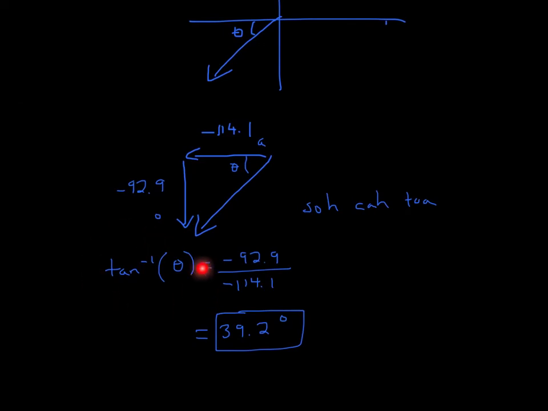It'll be inverse of tangent because we're finding an angle, and then that will be opposite 92.9 over 114.1, and then you divide those and then plug it in the inverse of tangent in your calculator. Make sure it's in degree mode, and you will get 39.2 degrees. And let's say if one of these was positive, like it was positive 92.9, if you got a negative number, remember that you can't have negative degrees, so just make it positive.